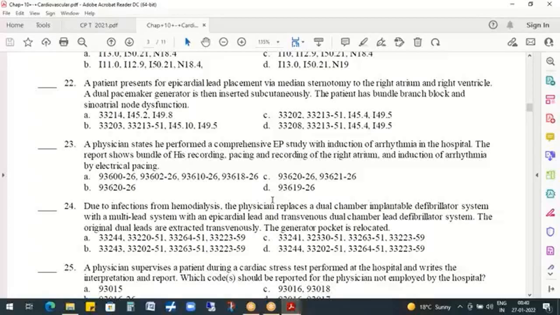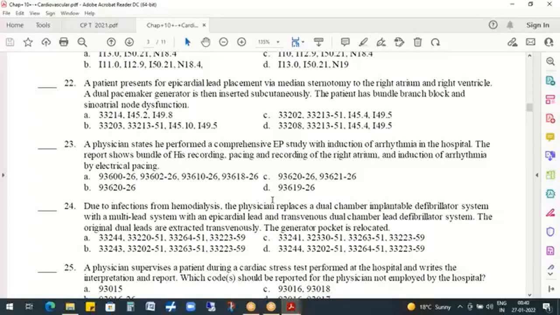C. Understood? And can we use 33213 along with that one? Yes, if you see the parenthetical note under 33203, when epicardial lead placement is performed with insertion of the generator, report 33202, 33203 in conjunction with 33212, 33213, 33221.